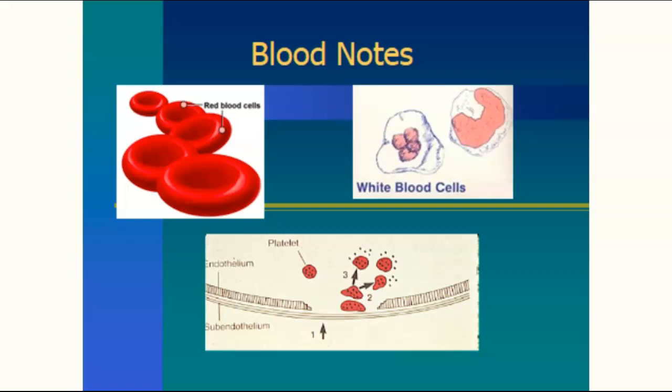We'll talk about red blood cells, white blood cells, and platelets. We'll talk about the functions of blood, and we will talk about what happens if blood transfusions are done incorrectly. And we'll talk a little bit about what might happen if blood types differ between a mother and a fetus. So that's sort of the overview of this presentation.